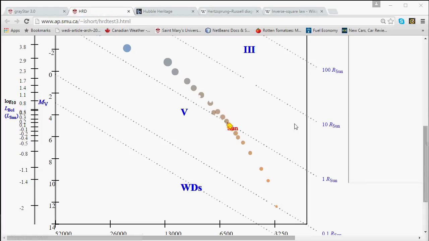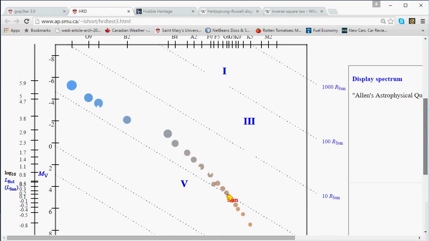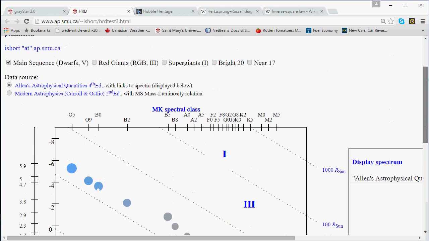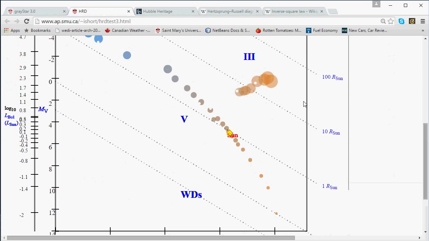So now that we've laid the groundwork, we can discuss the other two groups of stars pretty quickly. So let's go ahead and turn on the second group of stars that we're going to introduce. And that's a group of stars known as the red giants. So let me go ahead and check their box and turn them on. And there they are in the diagram. They've just appeared here.